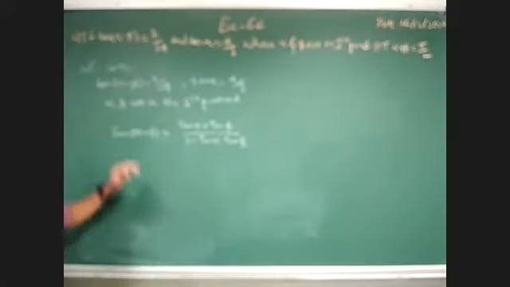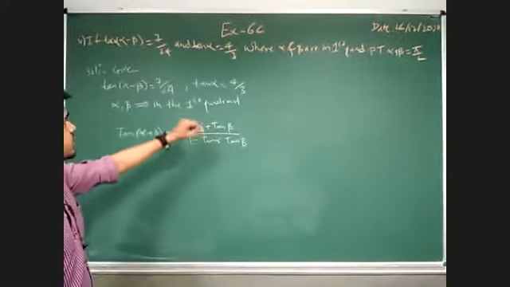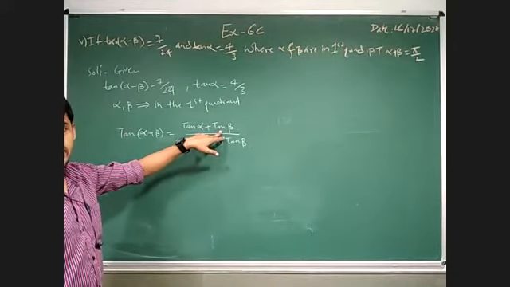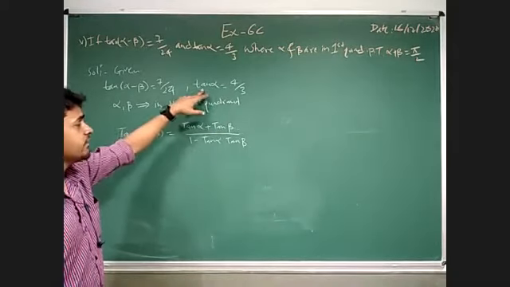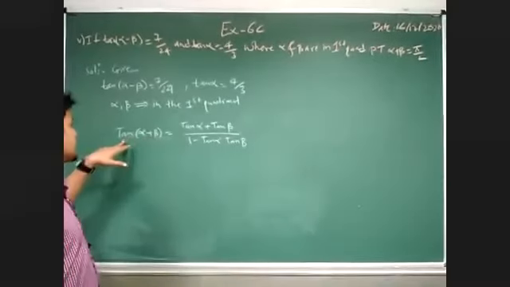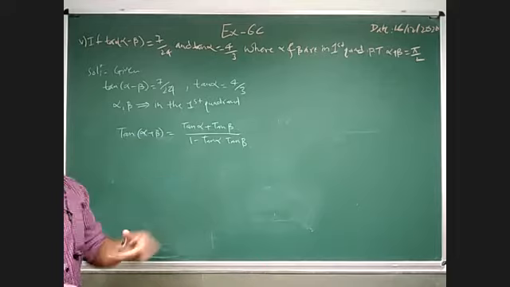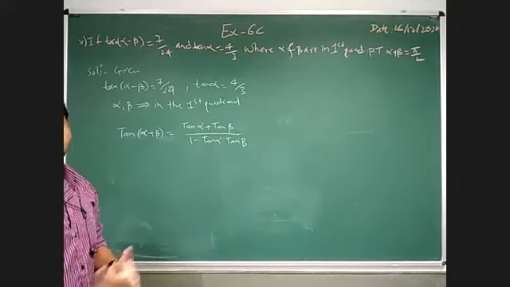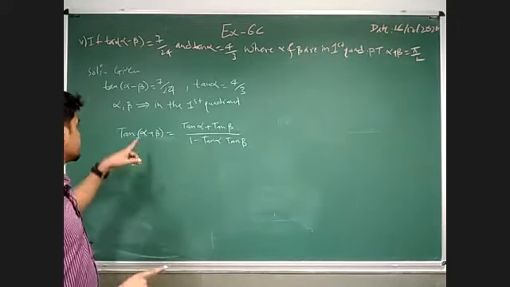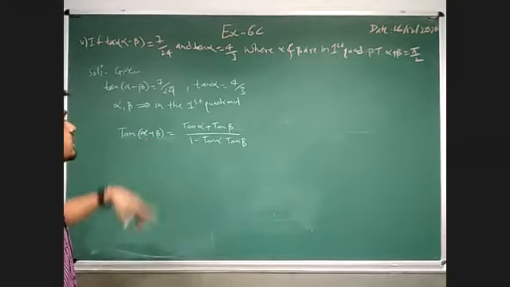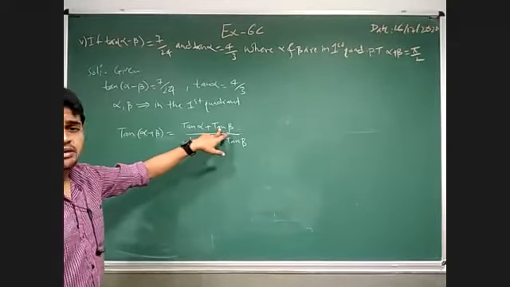But see, only tan alpha is given here, so I need to find tan beta. If I have tan alpha and tan beta, then I am able to find the tan of alpha plus beta value. Once I get the value of tan of alpha plus beta, then I am able to find alpha plus beta.